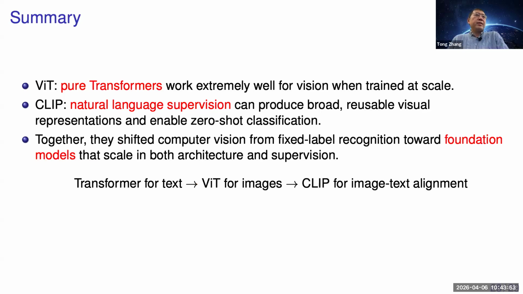Together, they move from fixed label recognition towards a foundation model, right? First is bigger pre-training. The second is that instead of pre-training on classification, I pre-train on text-image pairs. This becomes more of a foundation model.